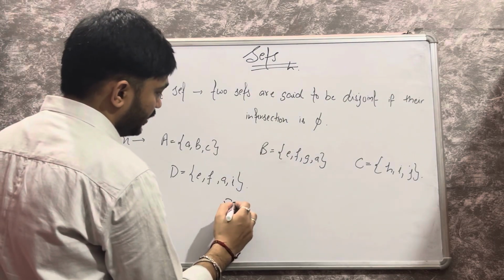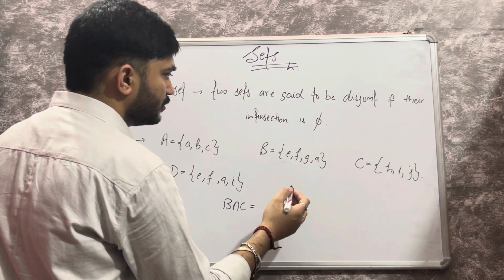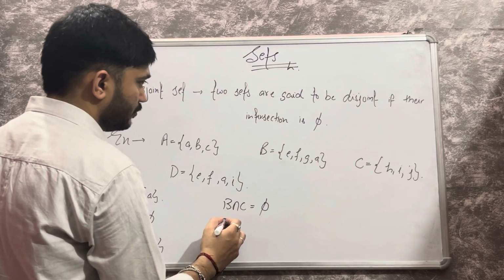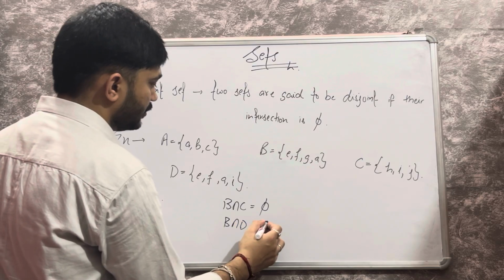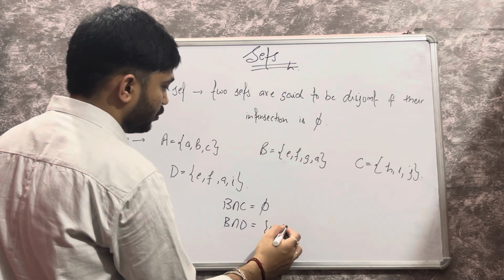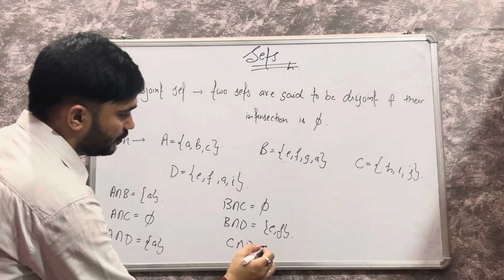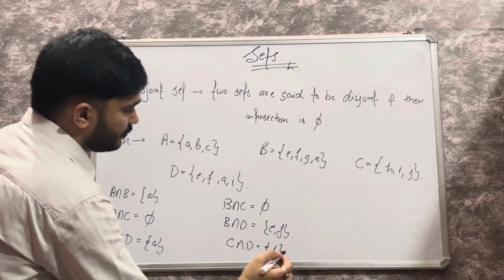Then B intersection C, will we get any element? No, empty set. Now B intersection D, we will get e and f as common elements between them. If we write C intersection D, then we will get i as the common element between them.